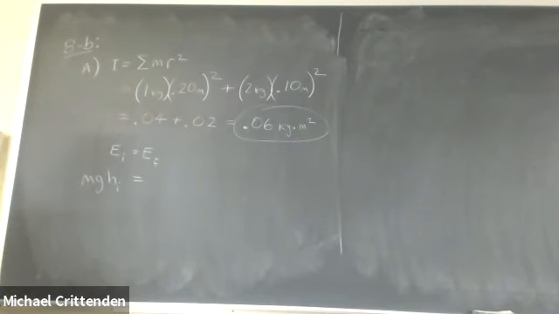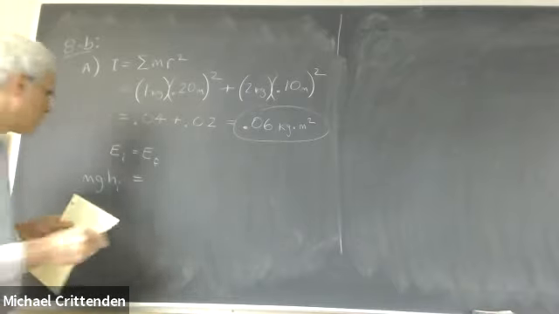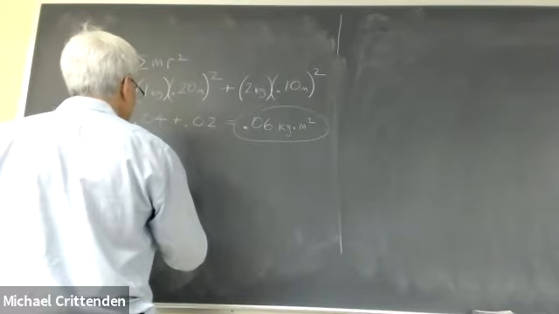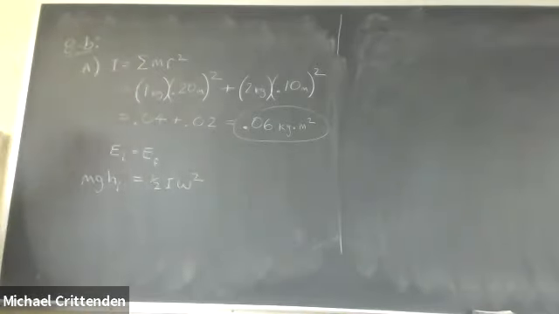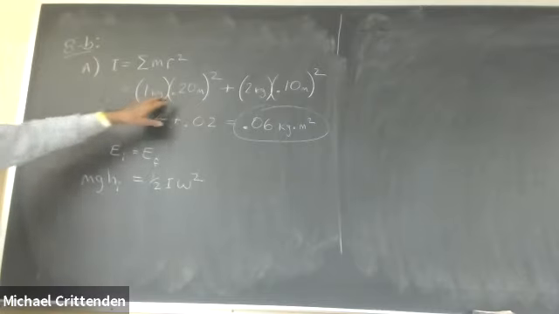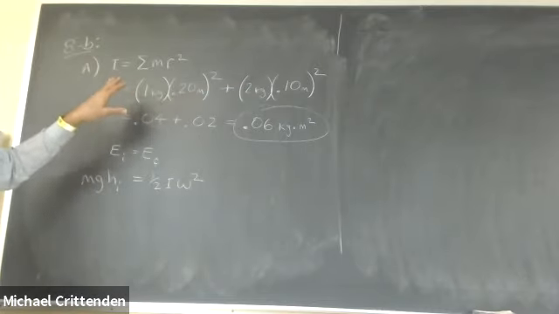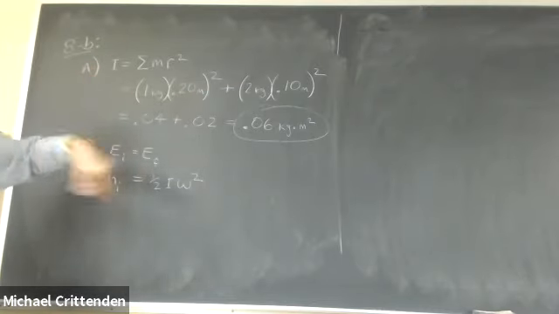Start out with everything at rest. In the beginning, there's no kinetic energy. It's just the potential energy of that elevated box. When the box gets to the floor, there isn't any potential energy left. But now these two masses have kinetic energy as they orbit around.